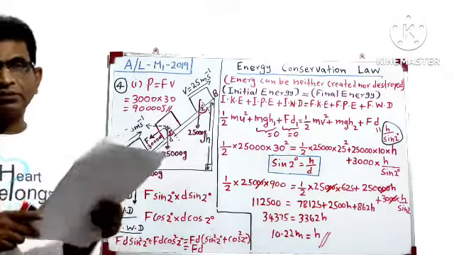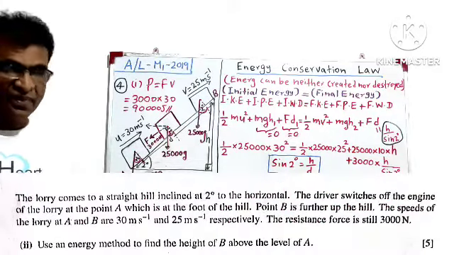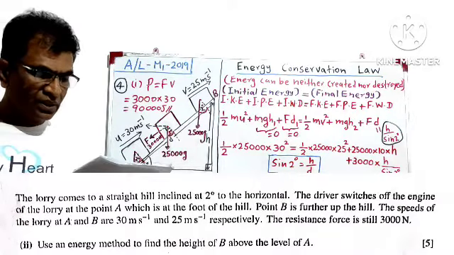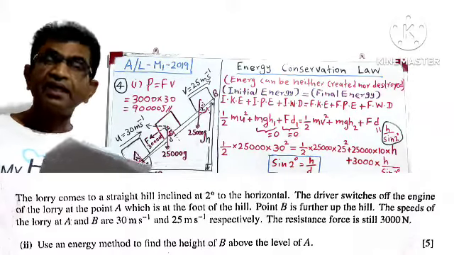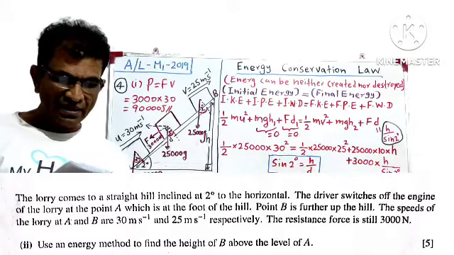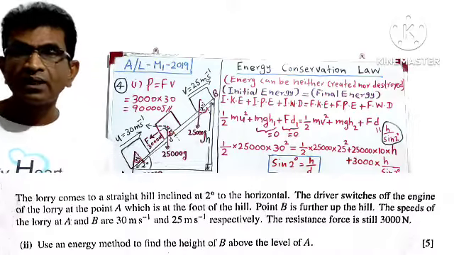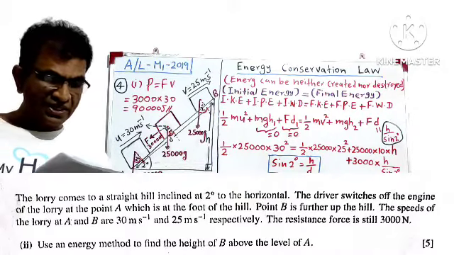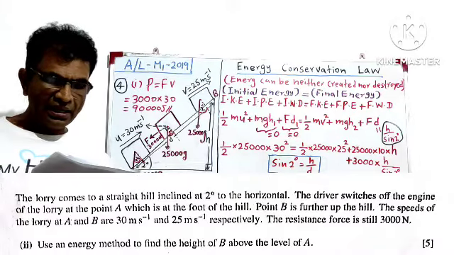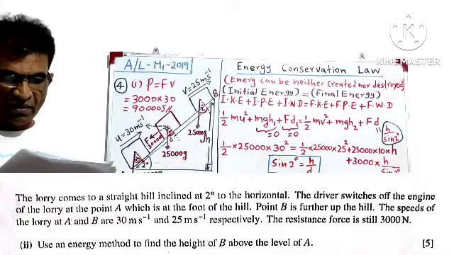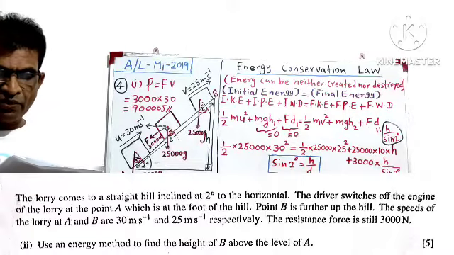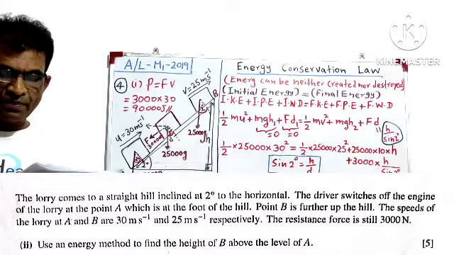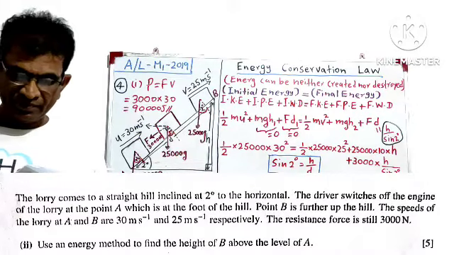Then Roman numeral 2 question. What does it say? The lorry comes to a straight hill, inclined at 2 degrees to the horizontal. Full stop. The driver switches off the engine of the lorry at point A, which is at the foot of the hill. Full stop. Point B is further uphill.